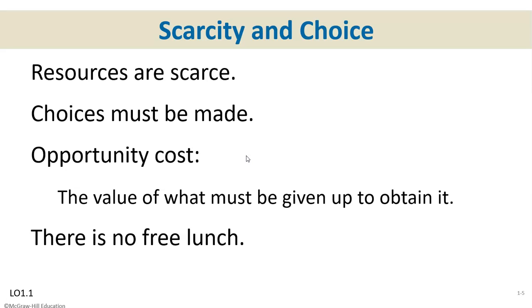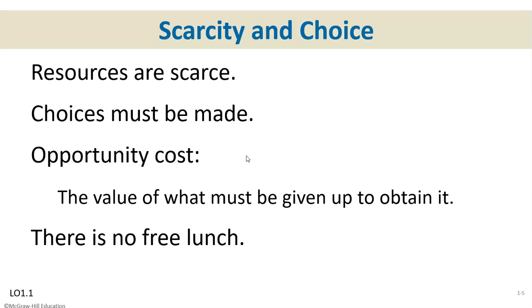So the cost of a pizza is the $10 that actually came out of my bank account to pay for the pizza. But in economics, we consider not just that explicit cost, the amount that you paid for it, but we also count anything else that you gave up to get that product.